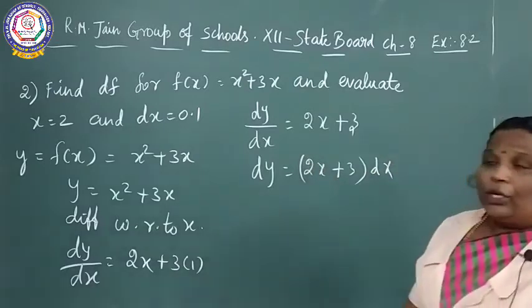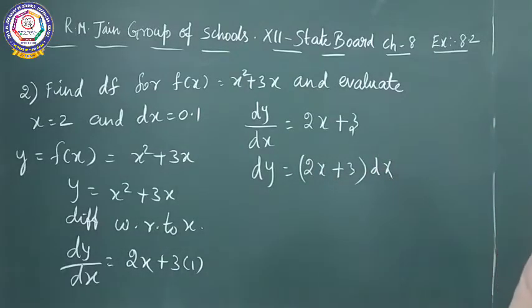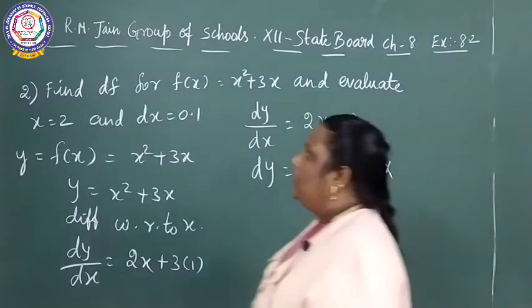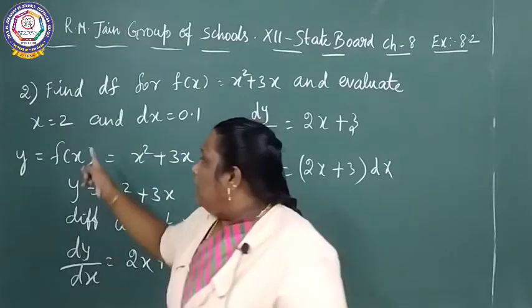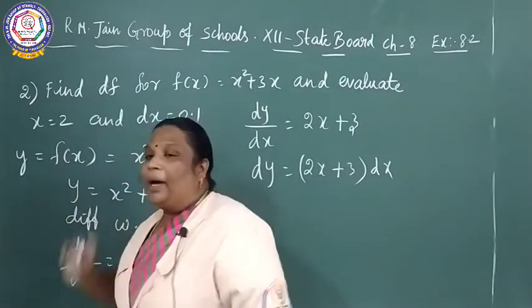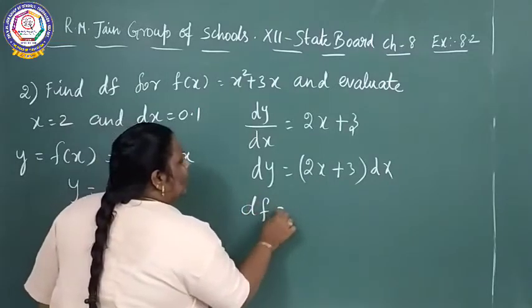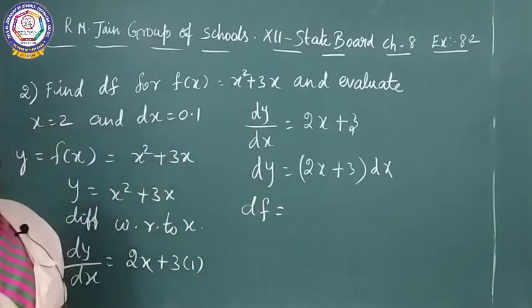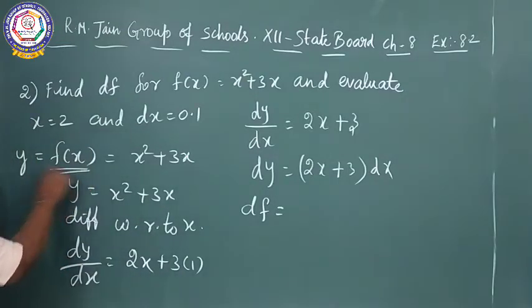But the values are given: x equal to 2 and dx equal to 0.1. You can substitute everything here. df is nothing but dy, because I considered f of x equal to y.